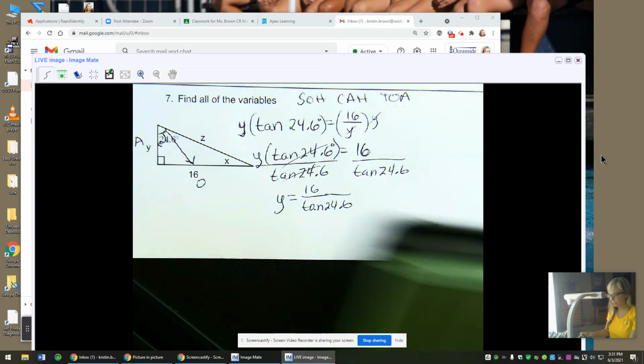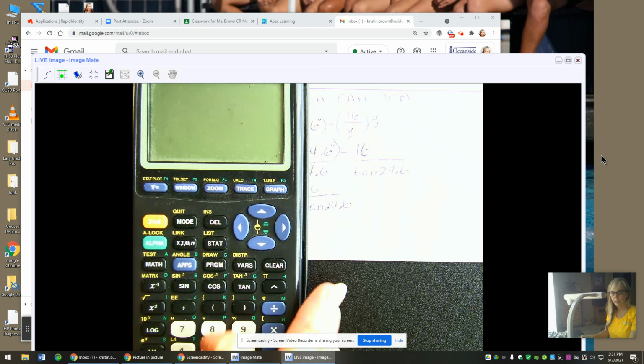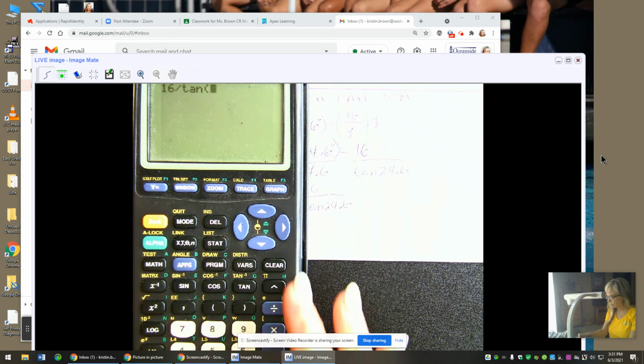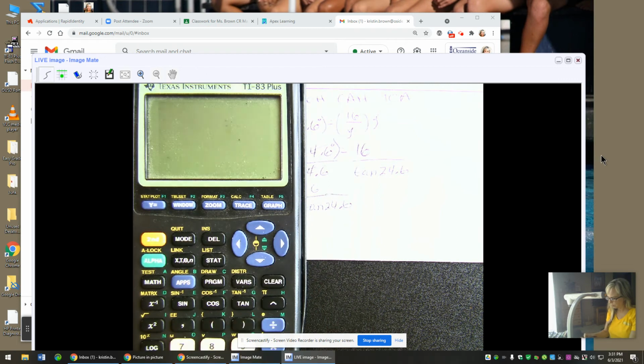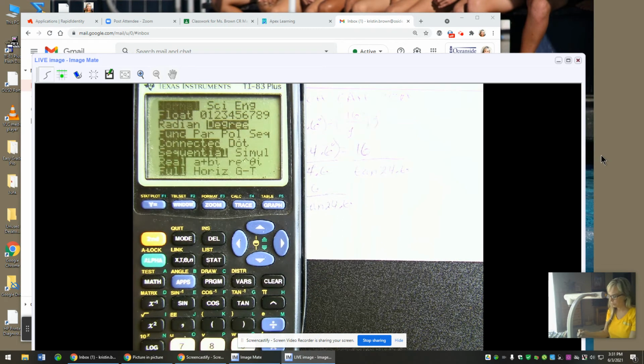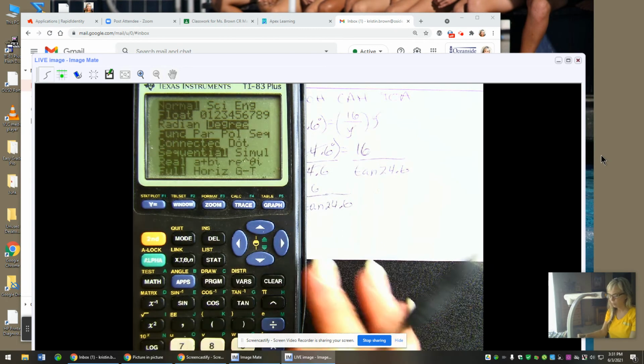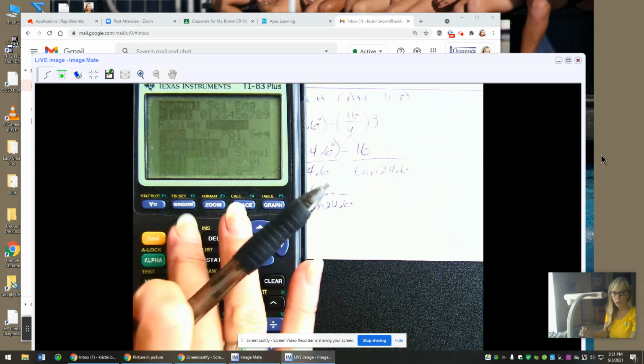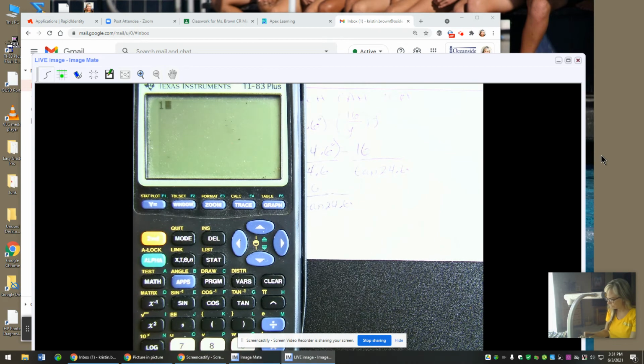We go to our calculator to get the estimate. So we go 16 divided by tangent. Wait, time out. What do I have to do first? Check the mode. Make sure your calculator is in degrees. It is. If it wasn't, we would arrow down, arrow over, hit enter. Quit that screen. Now we go 16 divide tangent of 24.6.